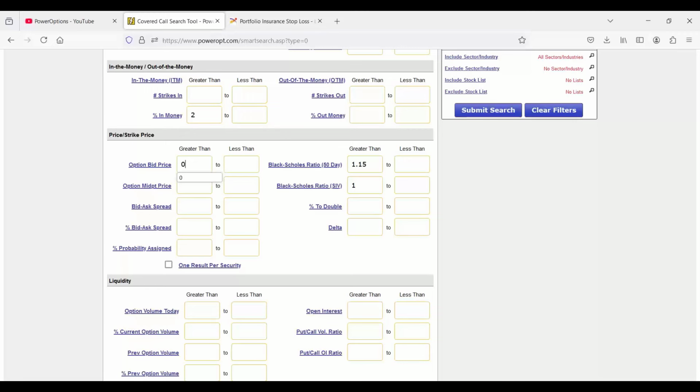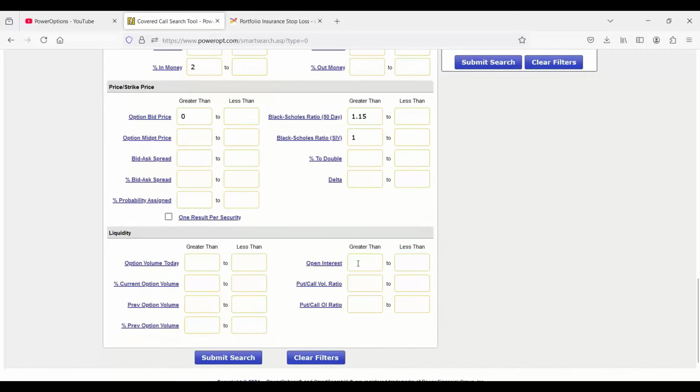Well, number one, you probably wouldn't buy that, but number two, you'd never get filled on that position to begin with. Or it has a bid of 0 and an ask of 1 because it's never traded. There's no open interest. There's not been any option volume on it. So those are two things. I'm going to look for an option bid price greater than 0 to filter out any of those phantoms across the exchanges. I'm also going to use an open interest of greater than 0 as well.